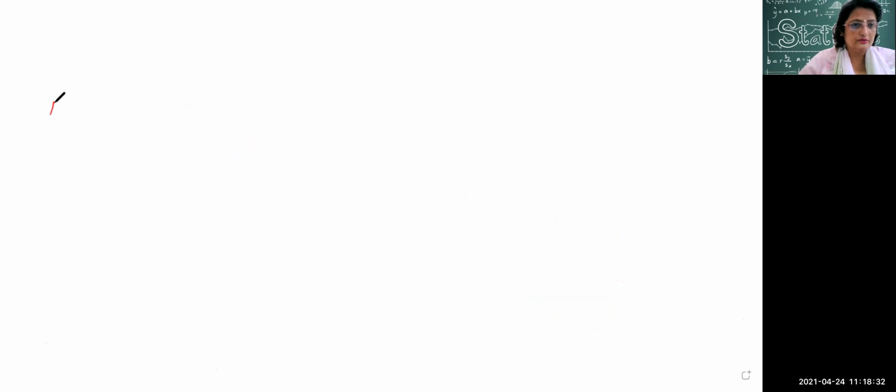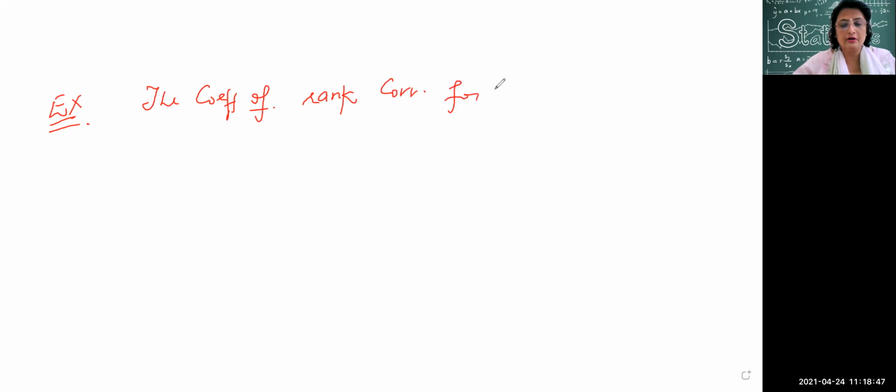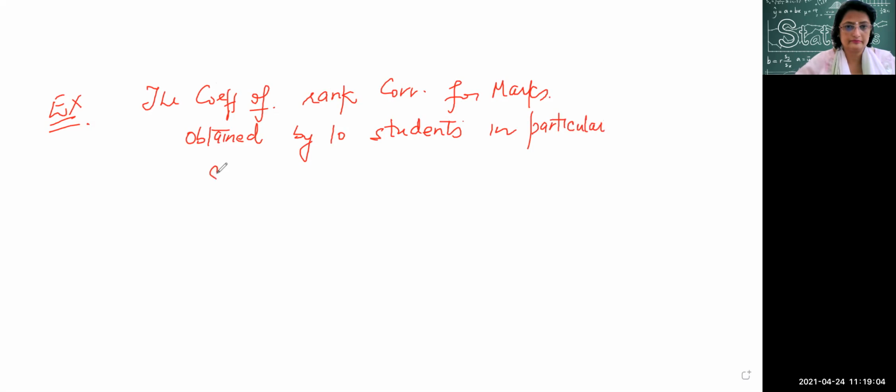Let's do one more question. Next example we will do. The coefficient of rank correlation for marks obtained by 10 students in two particular subjects was found to be 0.5. ठीक है जी.